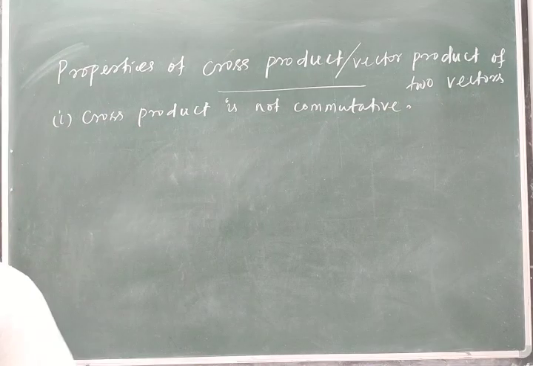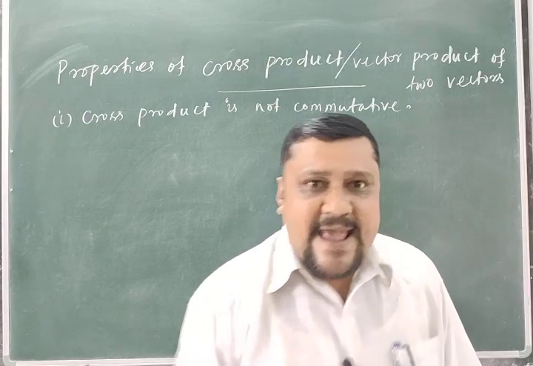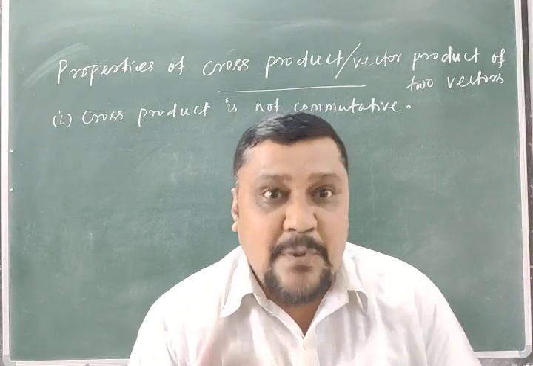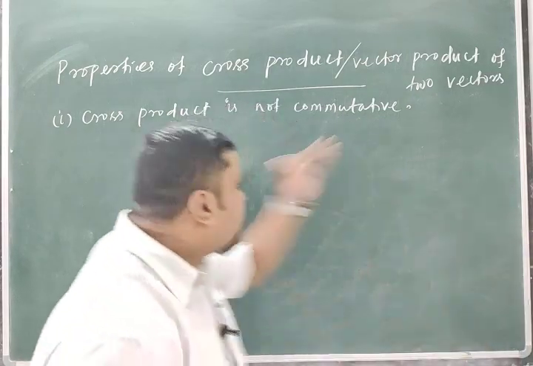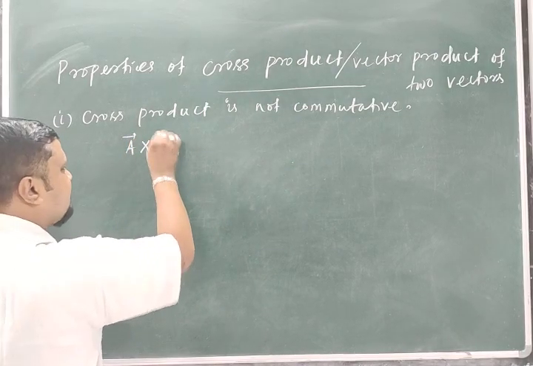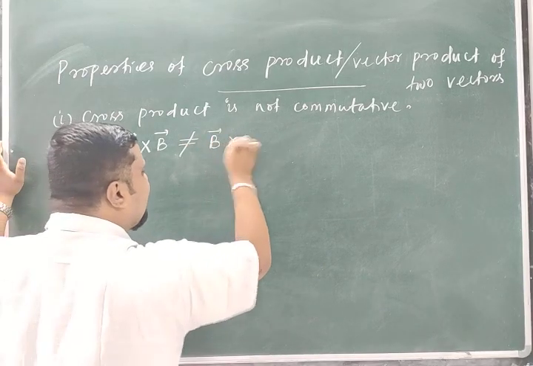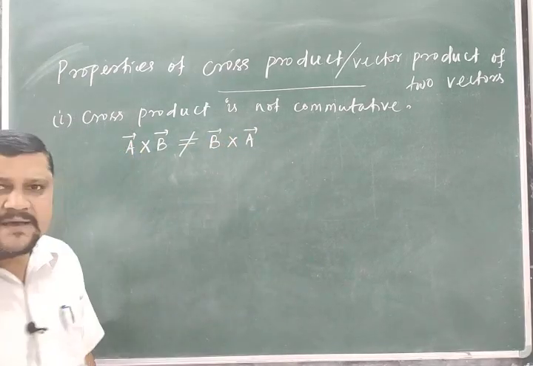Why? In the last discussion we showed that A cross B and B cross A have opposite directions but the same magnitude. So A cross B is not equal to B cross A.